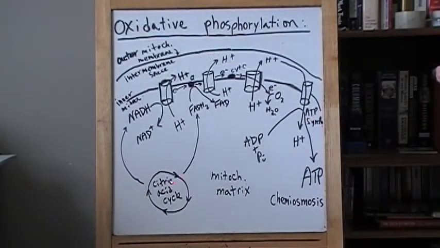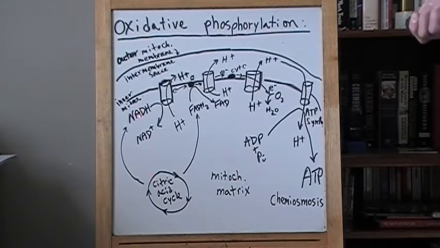After the citric acid cycle, we have the third and last step of cellular respiration called oxidative phosphorylation. All of the reduced cofactor that's made in the citric acid cycle then goes to the surface of the mitochondrion. The citric acid cycle is taking place in the innermost part of the mitochondrion called the mitochondrial matrix.